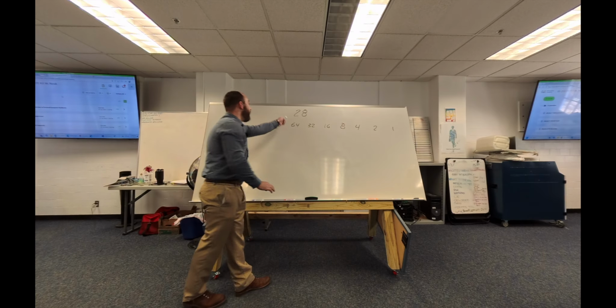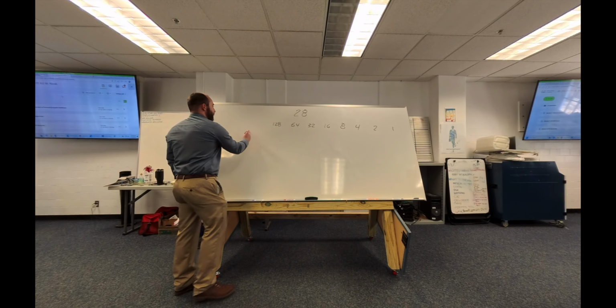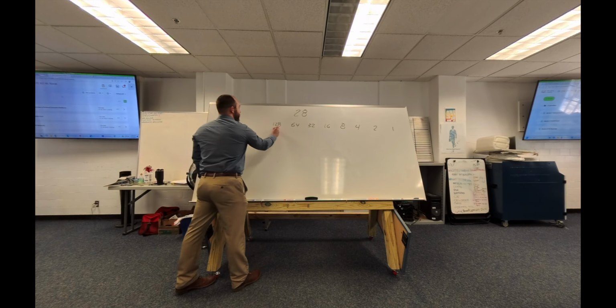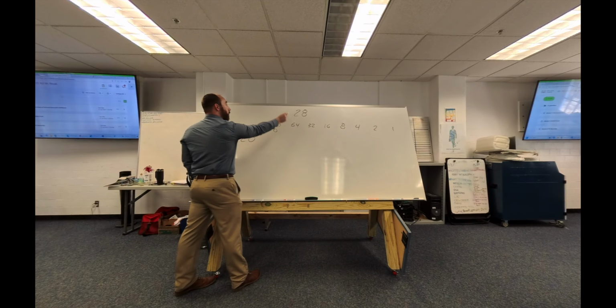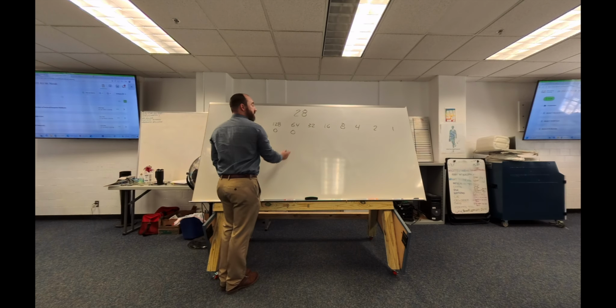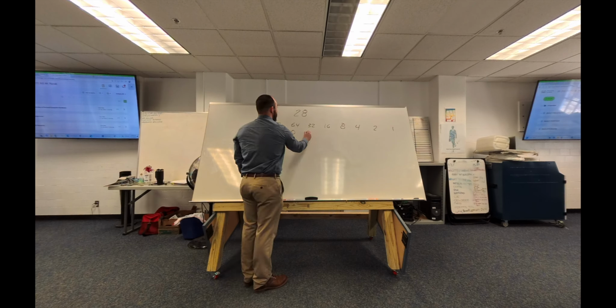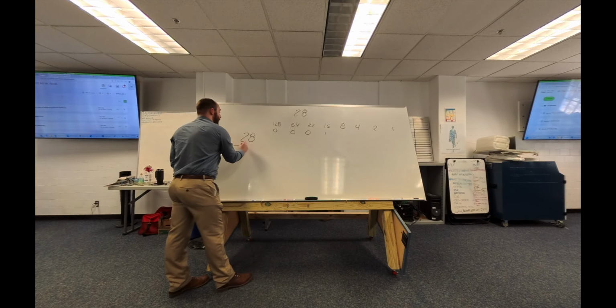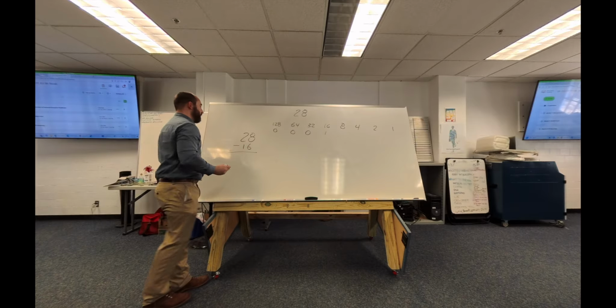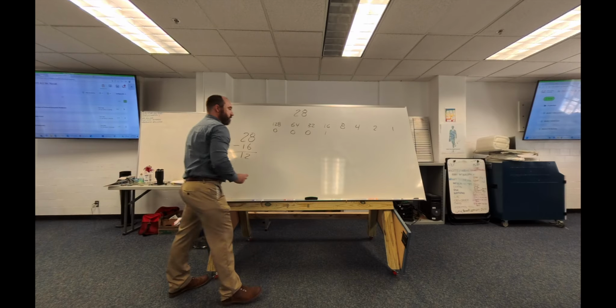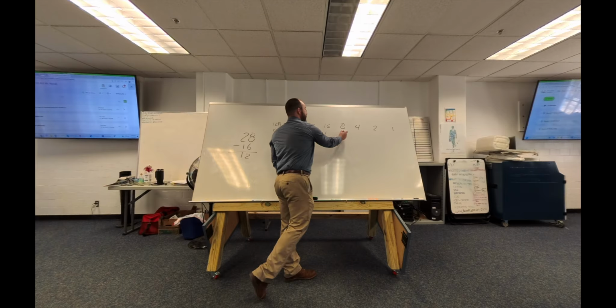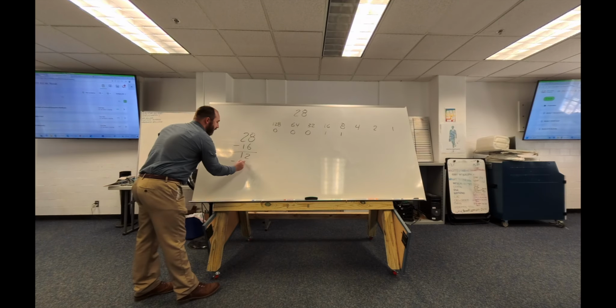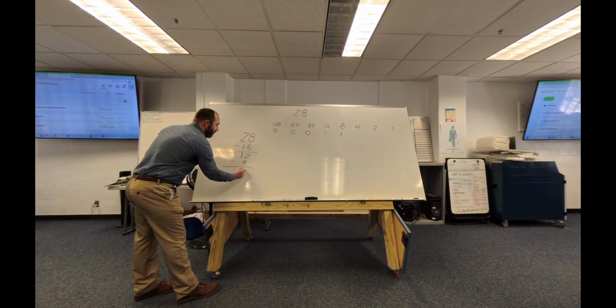So 28. Does 128 go into 28? No, so that'll be off. Does 64 go into 28? No, so that's off. 32? No. Does 16? Yes. Okay, so we'll turn that on. 28 minus 16 now gives us 12. Does 8 go into 12? Yes. 12 minus 8 gives us 4.